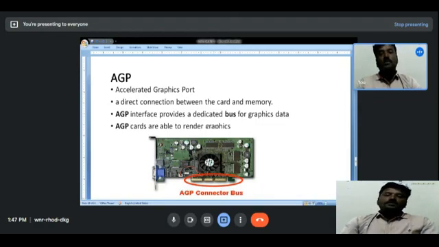So AGP cards are able to render the graphics, as it is generally meant for graphics rendering, a graphics card, or I can say animation card. There is a slot you can see marked in red color. There you can see the AGP connector bus. Okay, so this is nothing but the AGP connector bus.